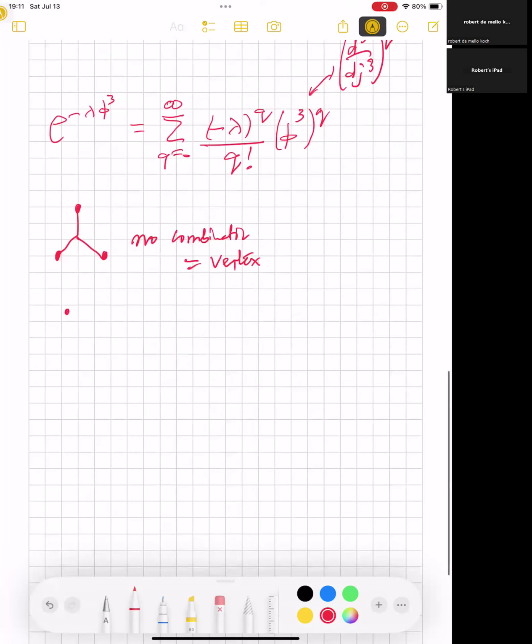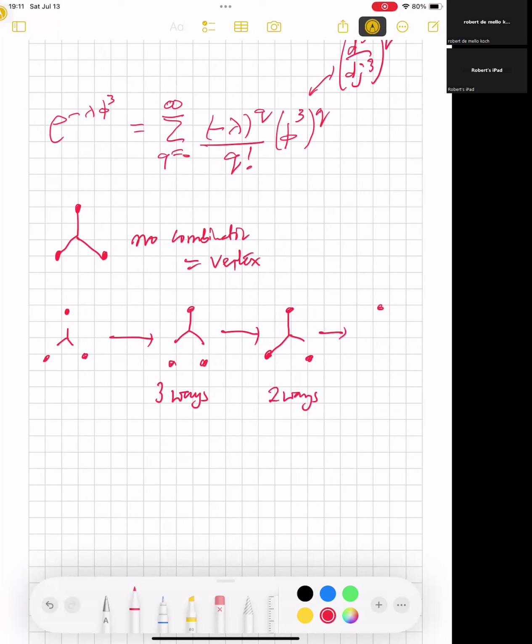So let's see. We start off with this, and we've got our cubic vertex. If we do the first step, well, we could have connected any one of 3 legs to that first dot. So there's 3 ways to do it. If we then connect the next line, well, we could have connected any 2 legs of the vertex to this next dot. So there's 2 ways.